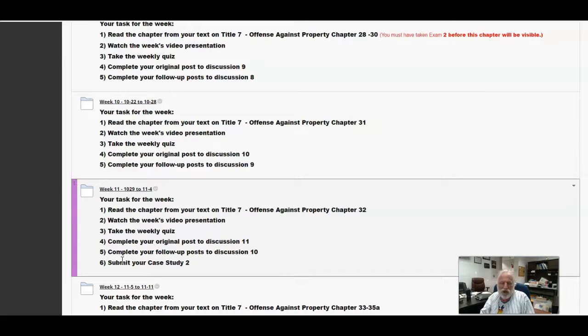Read carefully through it and make sure you know who is the one that's appealing it. Normally it's going to be the defendant, but when you get a case that goes to the Court of Criminal Appeals, it can and often is going to be the state that is appealing it. What happens is, let's say the defendant said there was an illegal search, and they appealed the decision to the Court of Appeals, and the Court of Appeals said, yeah, that was an illegal search, we're going to throw that evidence out.